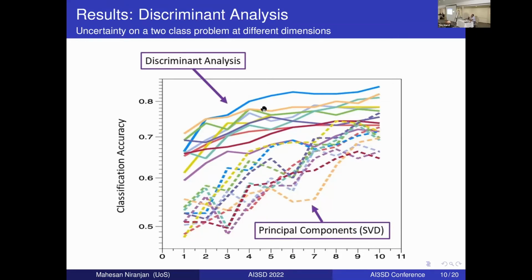So here is a comparison on a 2-class problem, I believe. At various different dimensions, if you reduced the data by PCA and look at the very first direction, the first principal component, the data is all on top of each other. So there's actually no discrimination there, whereas Fisher's discriminant pulls out something like 0.69 or so.